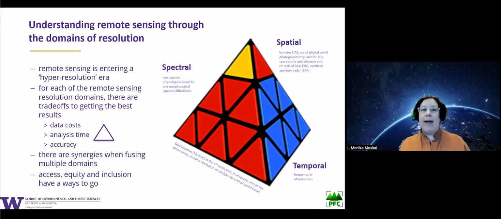And then LiDAR only has one spectral band. Your intensity data is actually a spectral component of LiDAR data, which is kind of cool. You get a spatial data set, but you also mine the spectral data along one region, the near infrared region of most LiDAR acquisitions.